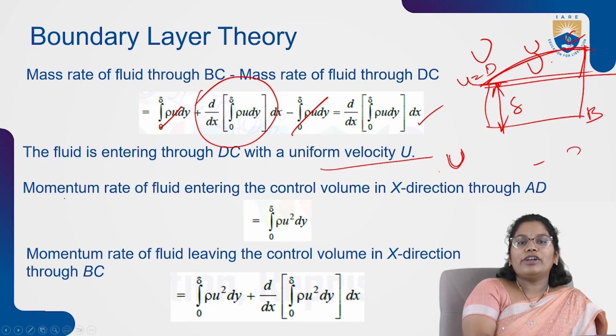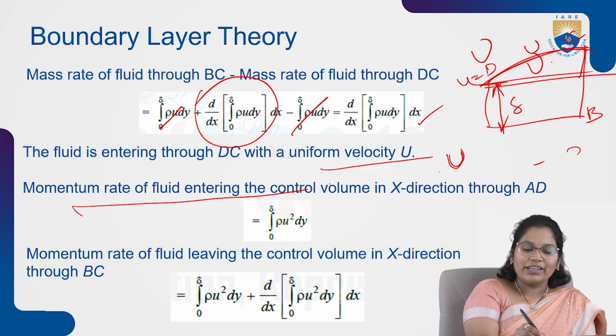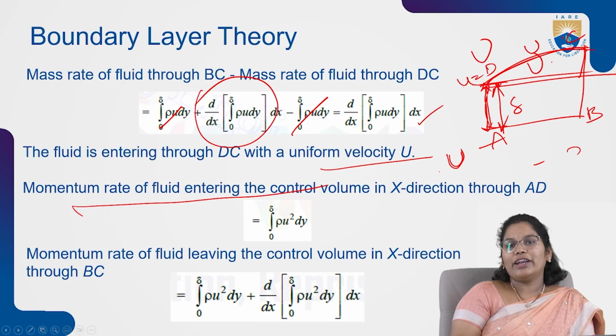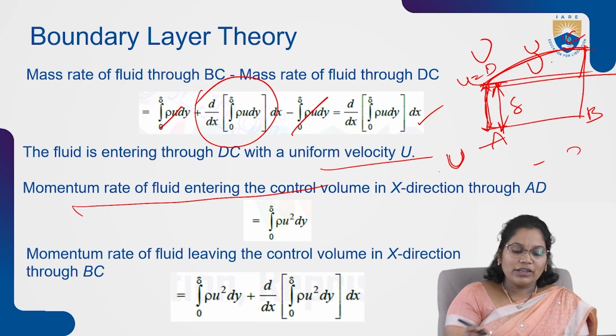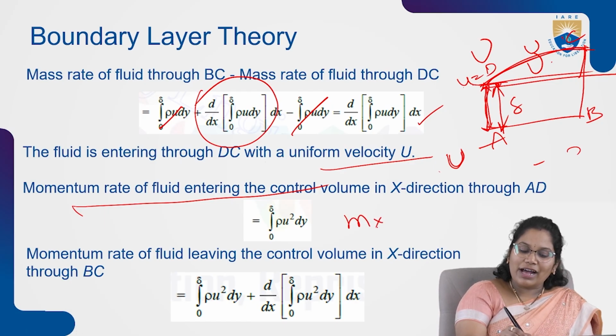Now we are calculating the momentum rate of fluid entering the control volume in the x direction at AD. The momentum is mass into velocity.